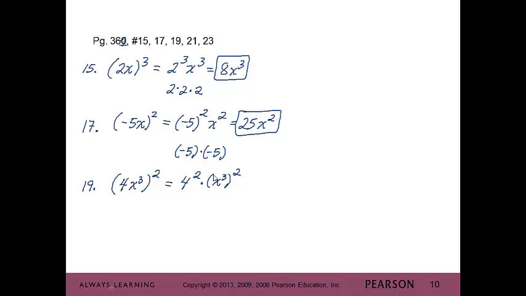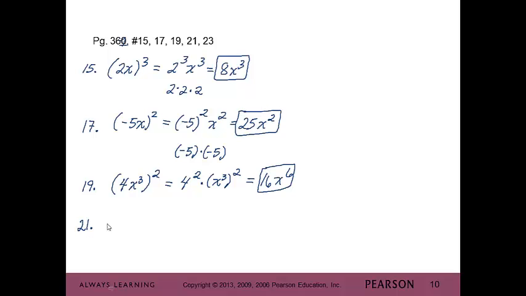Now we're going to put parentheses around our x to the third power. And 4 to the second is 16. And then we simplify x to the third raised to the second using the power to power rule. So keep the x, and then multiply 3 times 2, which is 6. And our final answer is 16 times x to the 6th power.